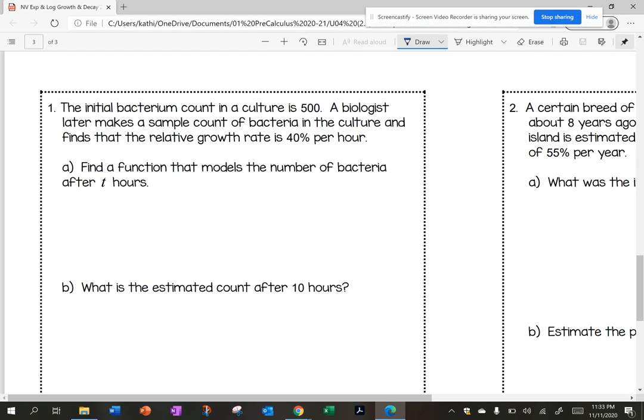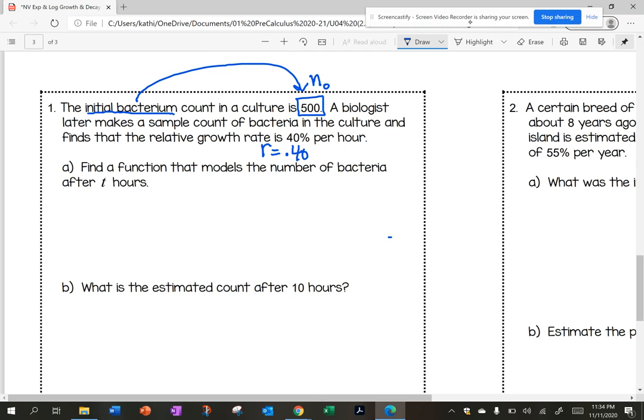All right, so let's start labeling everything here. My initial bacterium is 500, so this would be N sub 0 at t equals 0. And my rate is 40%, so 40% as a decimal is 0.40.